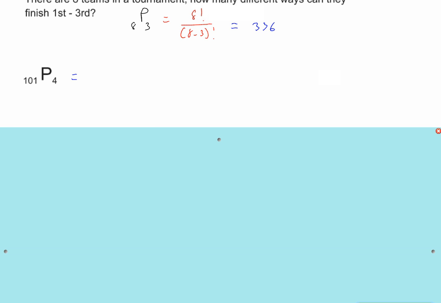However, a permutation works this way. If you'll start at that left number and you'll use the right number to tell you how many numbers to count down. So I go 101, that's the first, times 100, that's the second, times 99, that's the third, times 98, that's the fourth. That's the value of 101 items with 4 item groups.